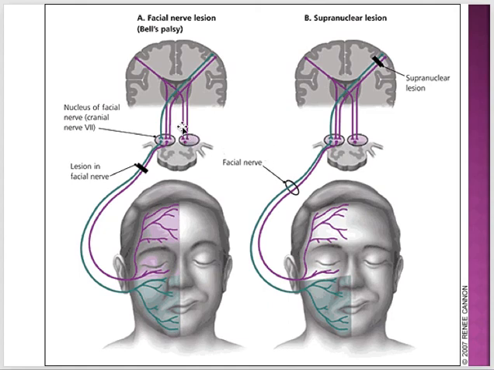If you see, these are basically upper motor neuron fibers, and these are basically the lower motor neuron fibers, right? Now, guys, look. This is how the facial nerve innervates. Just to make you understand, the lower half of the face is supplied by the green fibers.